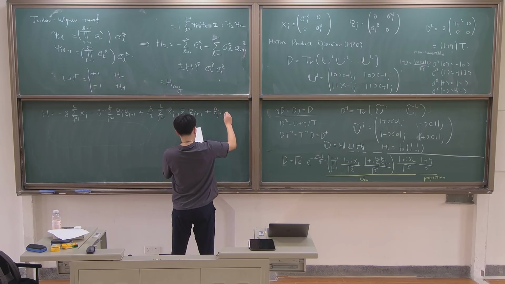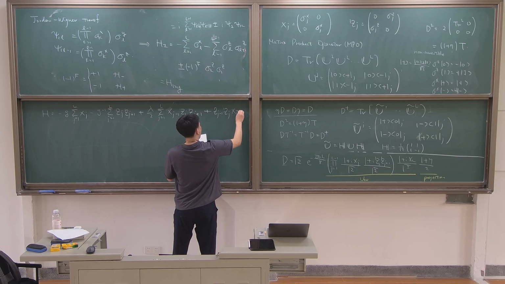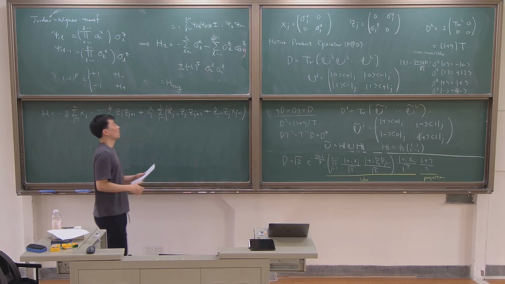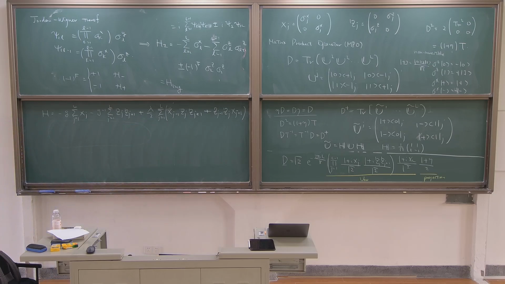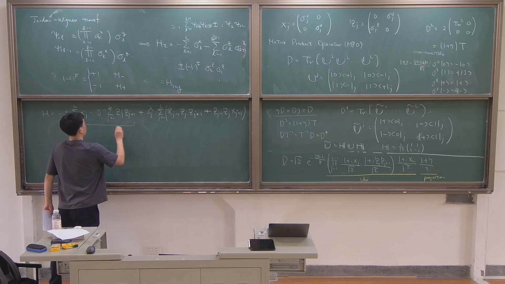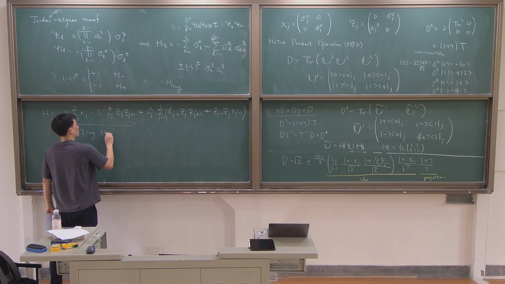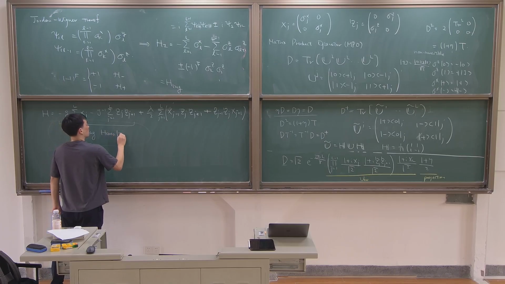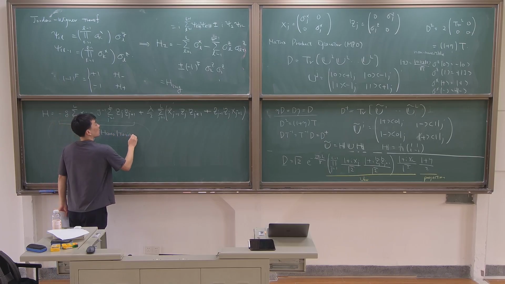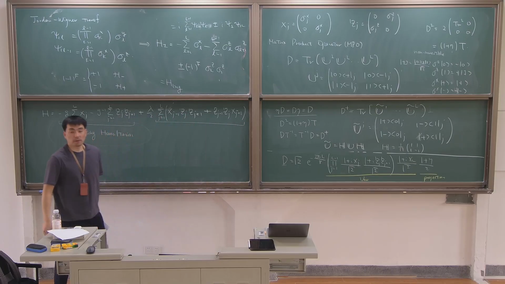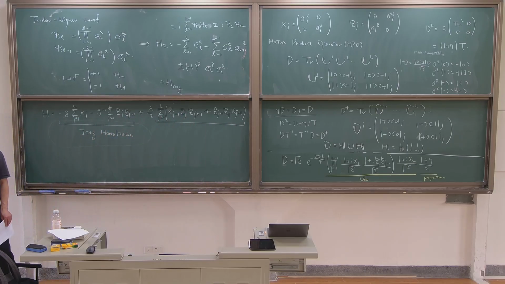You can deform it like this. So this was the original Ising Hamiltonian, and one can deform it by adding the following term.